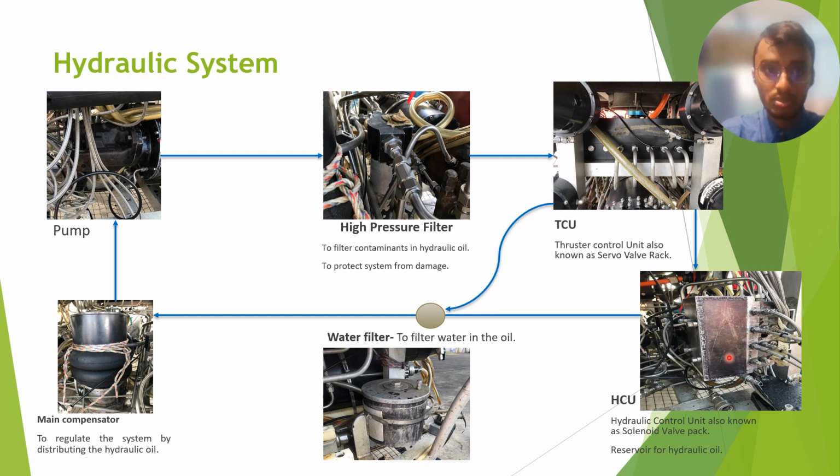Second one also goes to the water filter. It is to filter the water in the oil. Then it follows to the main compensator, where it regulates the system by distributing the hydraulic oil in the system, and it will follow back to the pump and follow another cycle.